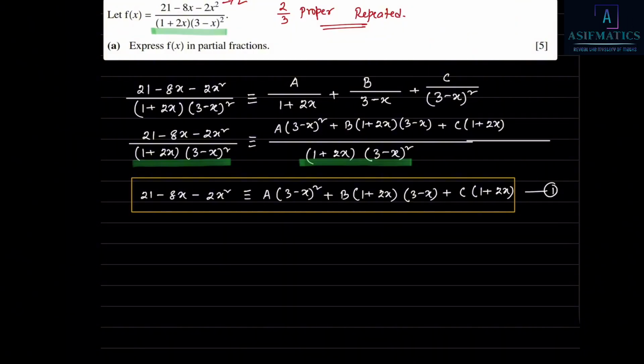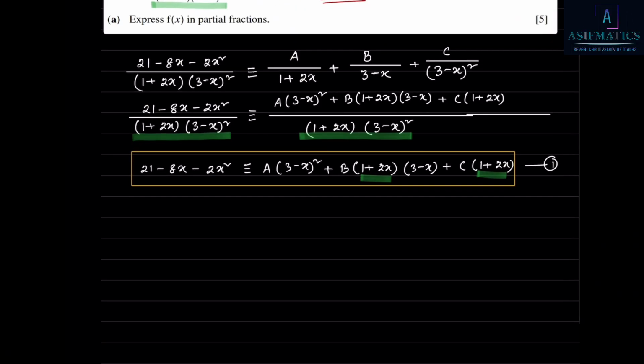I want to find the value of a, and I want to make the factor 1 plus 2x, which goes with b and c, become 0. So I take 1 plus 2x equals 0, or 2x equals minus 1, or x equals minus 1 by 2.